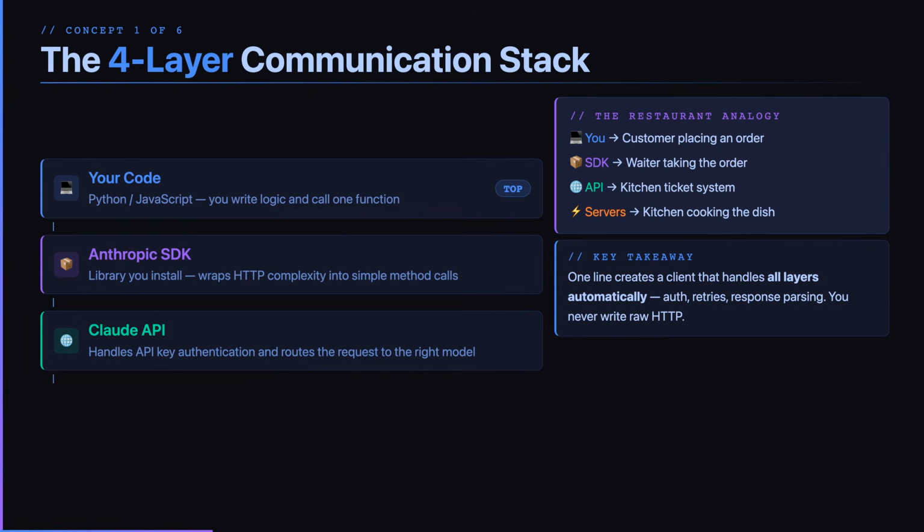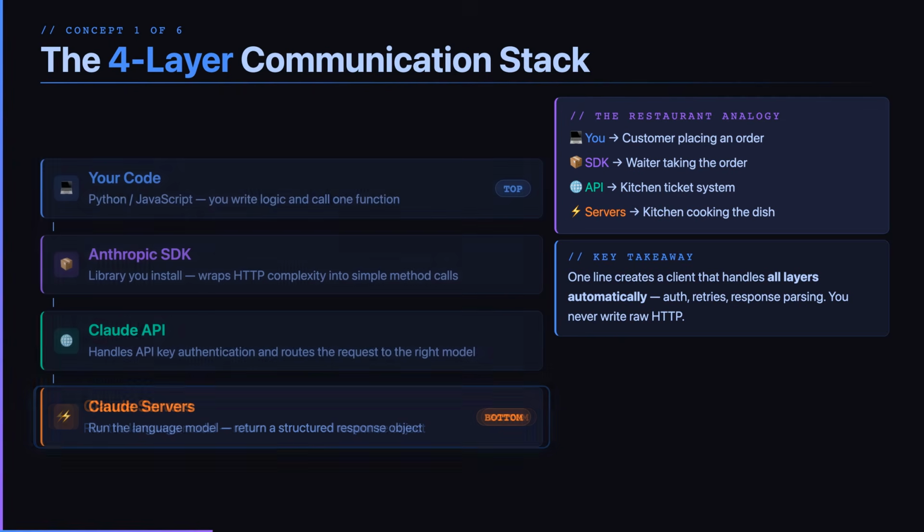The SDK talks to the Claude API, which handles authentication with your API key and routes the request to the right model. At the bottom, Claude servers run the language model and return a structured response object, not plain text, but a structured object you can reason about.